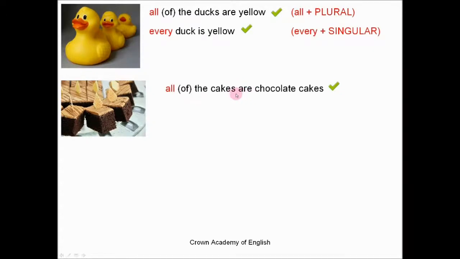And we can also say the same meaning, but in a different way. We can use the word every, and we say every cake is a chocolate cake. So every, and cake in singular form, is a chocolate cake. So both of those sentences mean the same thing.